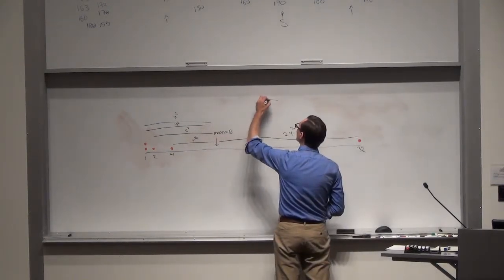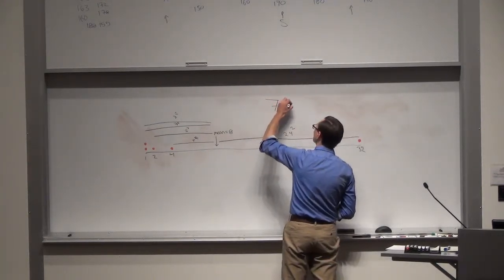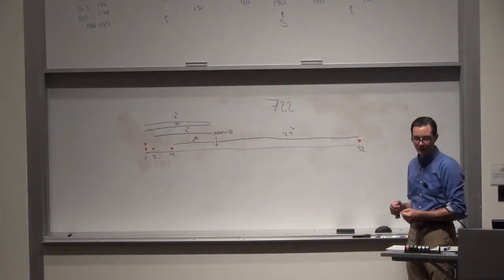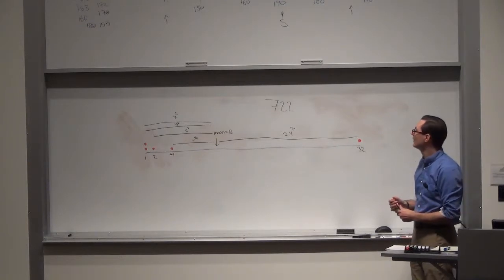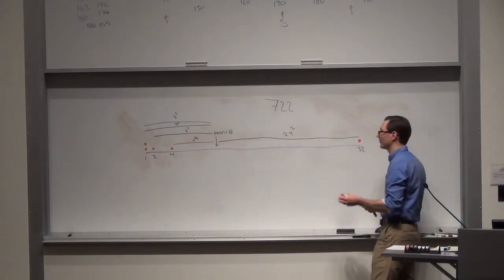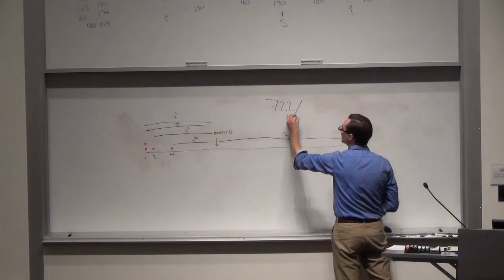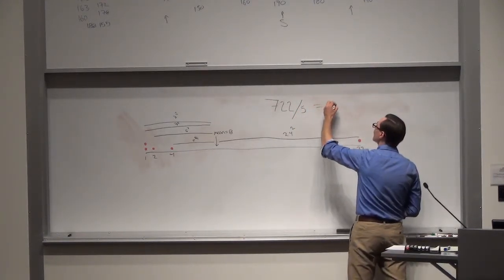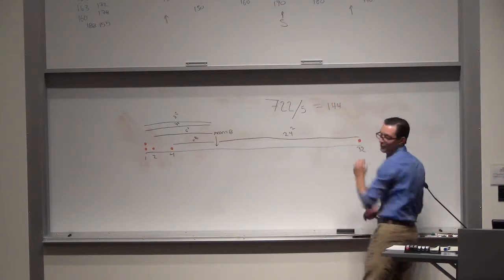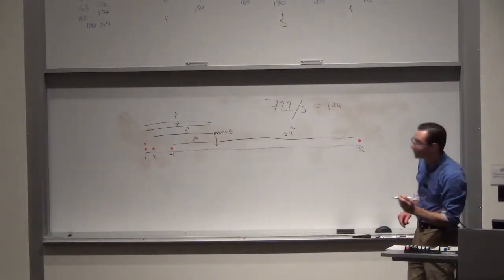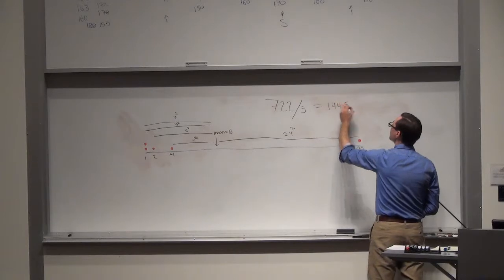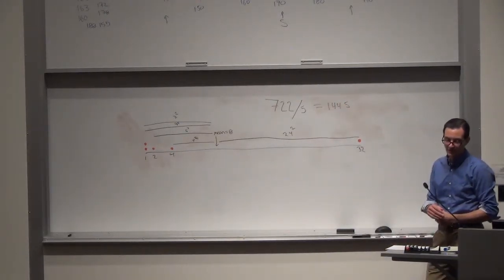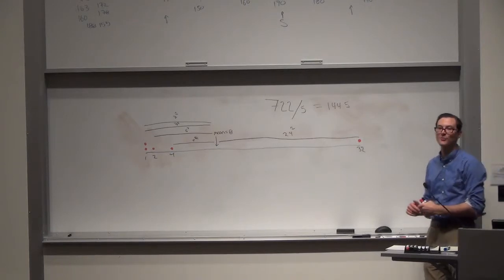So 722 is the total squared deviation from the mean. And if we take the average, we're just going to divide that by 5. That equals 144 point something. Good. 144.5. So what is this number, the average squared deviation from the mean.